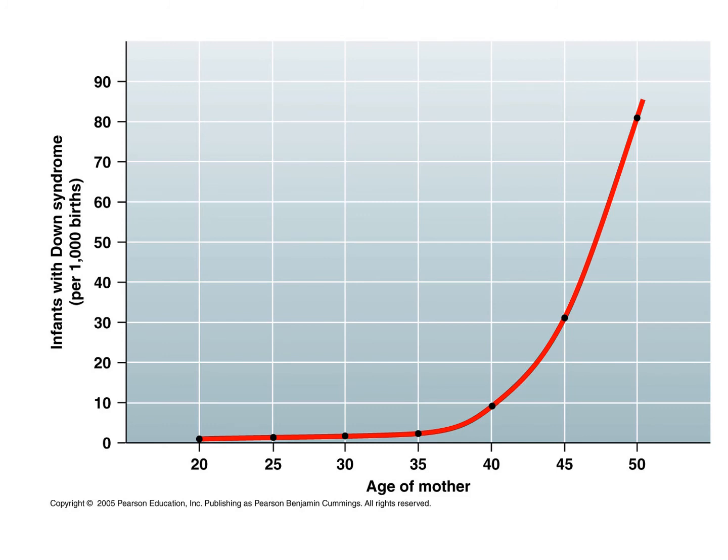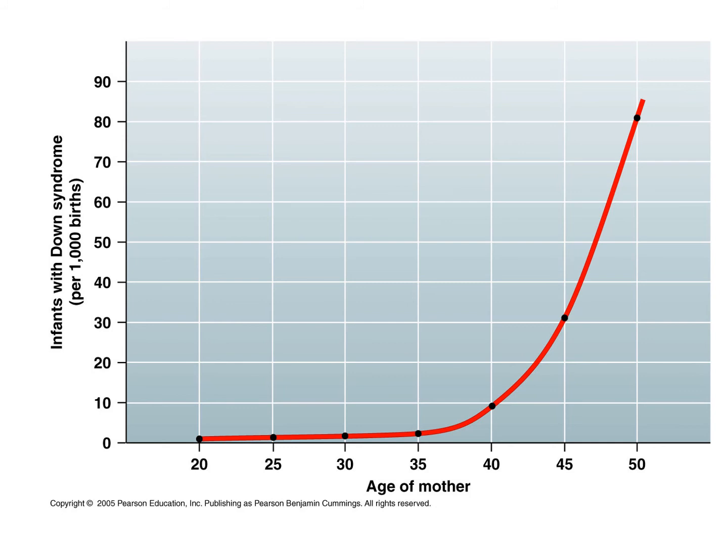Did you know there's a correlation between the incidence of Down syndrome and the age of the mother? Check out this graph, right? On the y-axis, infants with Down syndrome per 1,000 births. The x-axis, age of mother.